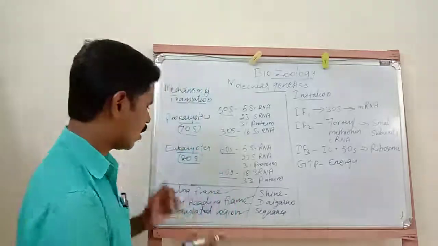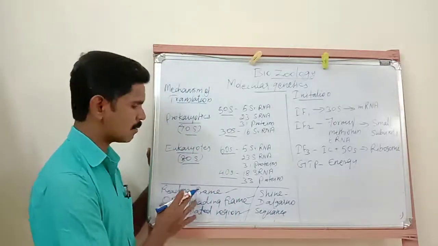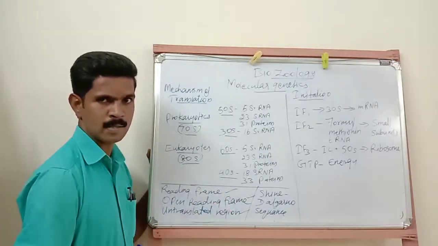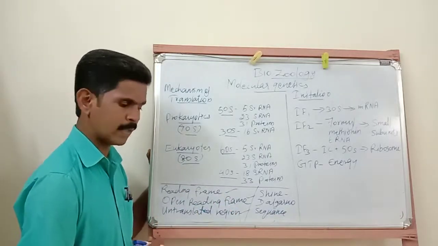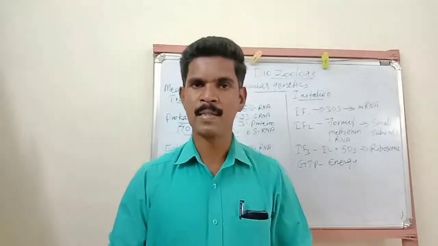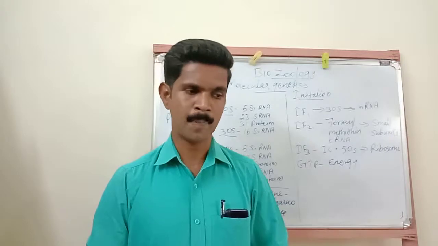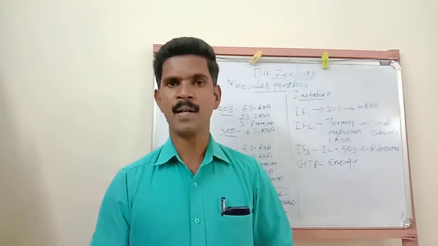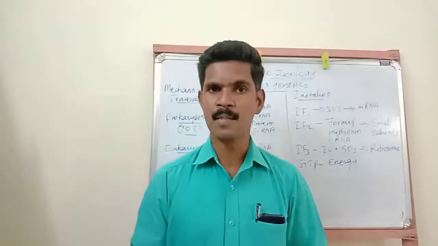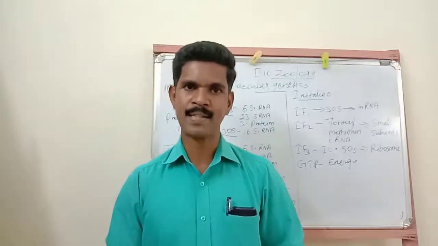So now we have completed 4 very important 2 mark questions. Now we are going to study the translation process, the mechanism of translation. The correct meaning of the word translation is the process of polymerization of amino acids to form a polypeptide chain.